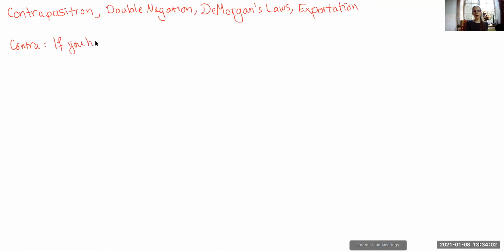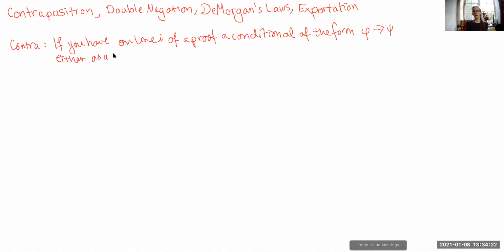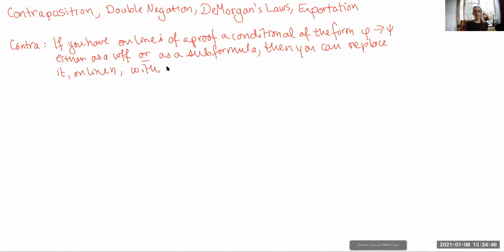If you have on line i of a proof a conditional of the form phi implies psi, either as a whole formula, or, and this is the part that is special to the laws of replacement, as a subformula, then you can replace it on line n with not psi implies not phi.